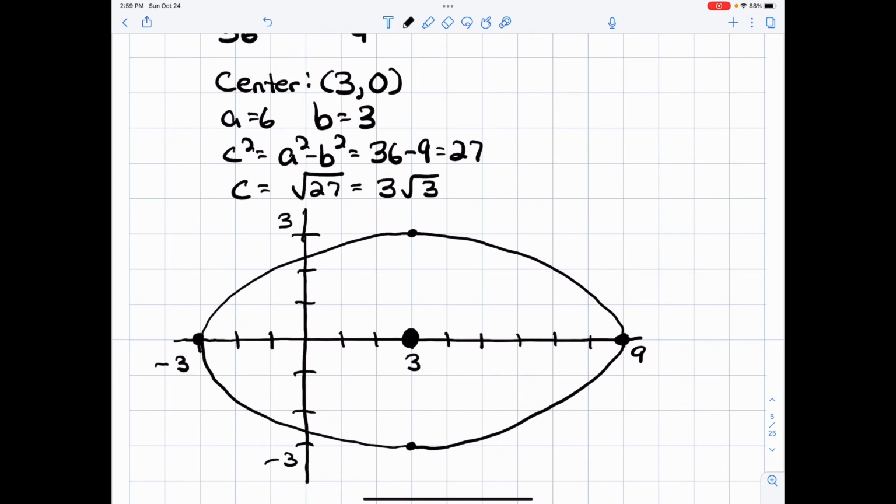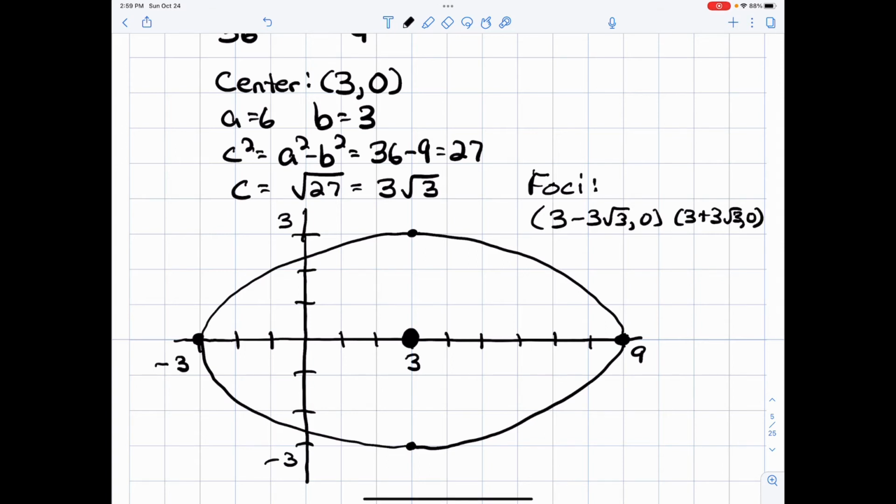Now your foci aren't going to be at plus or minus 3 square roots of 3. Your foci are going to be at (3 − 3√3, 0) and (3 + 3√3, 0).